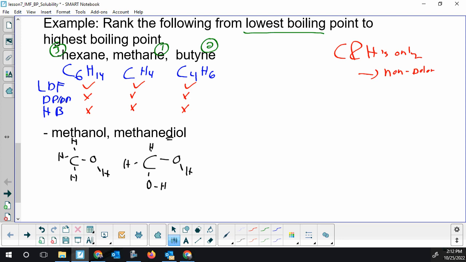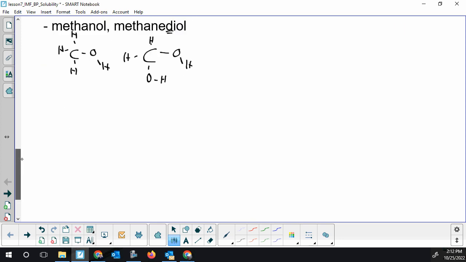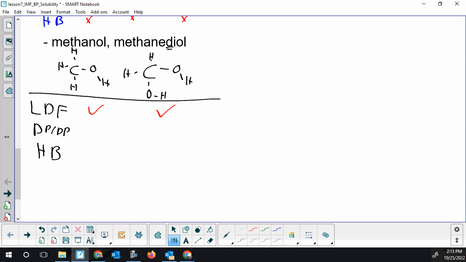Okay, now we've got to compare these two. If you're not sure, make a list. Analyze the forces. You've got to go through this even if you just go through it in your head. Well, everything has London dispersion forces if it has electrons.